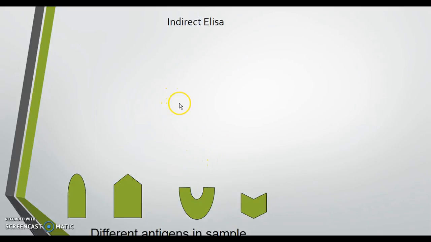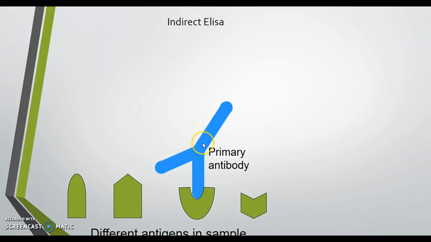Indirect ELISA. An indirect ELISA is just like the direct ELISA, but it has a few differences. In an indirect ELISA, the antigen is bound and forms a complex with the primary antibody, and this complex is later bound to a secondary antibody.